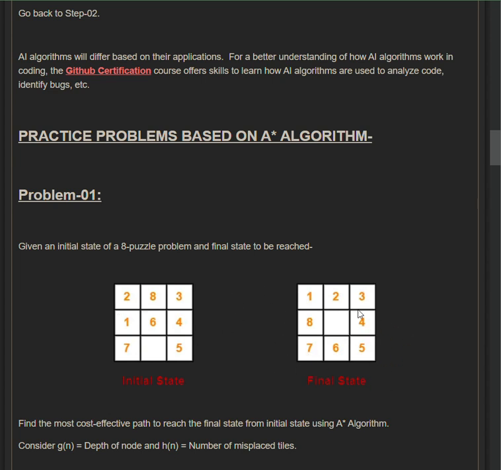Now we have to reach this goal, as this is the initial. We begin with this, and this is our final destination. The goal is to transform the initial state into the final by sliding the tiles into the empty tile that we have, and it will help us find the most efficient path.